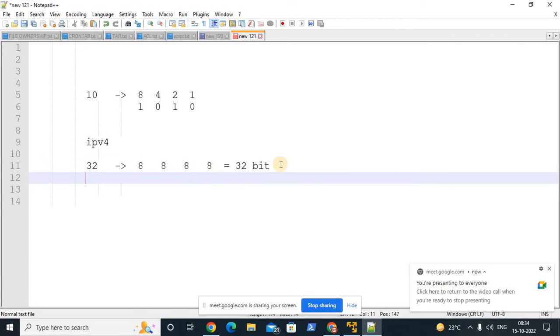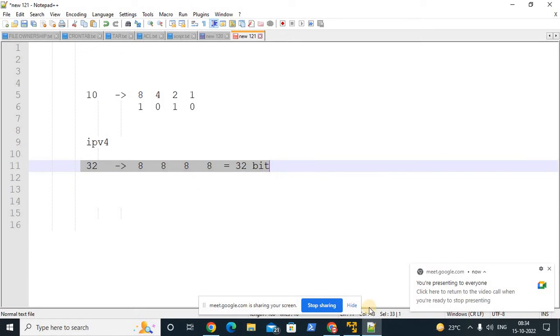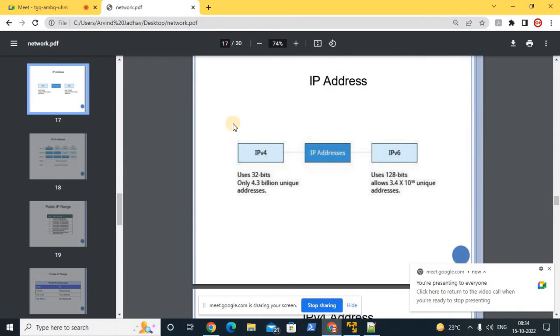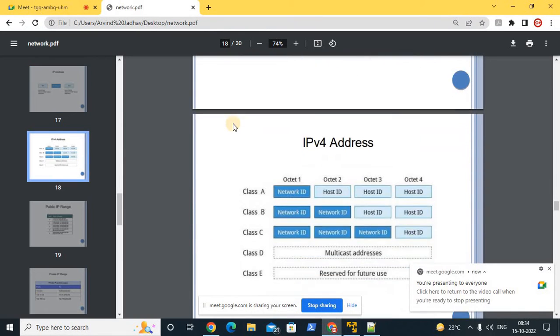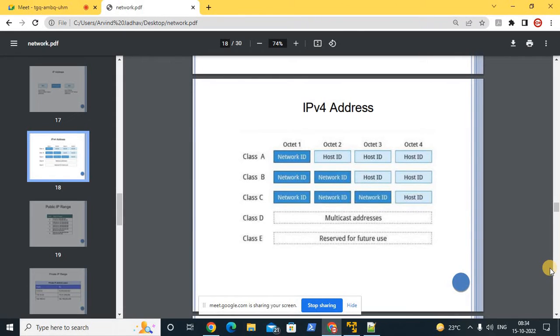Now the classes of IPv4 depend on this 32 bit. So let's discuss that. See, this one is an IPv4 address. Now there are a total of 5 classes.